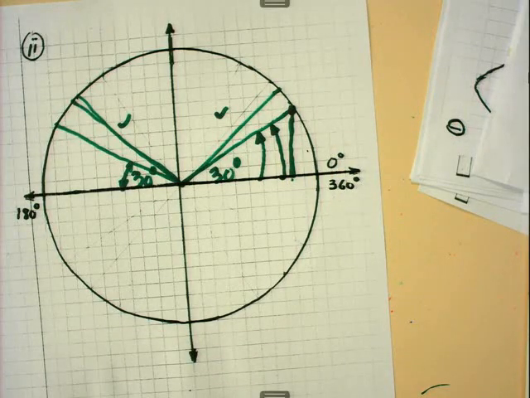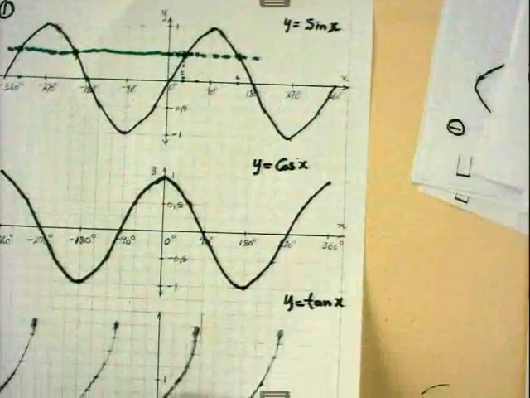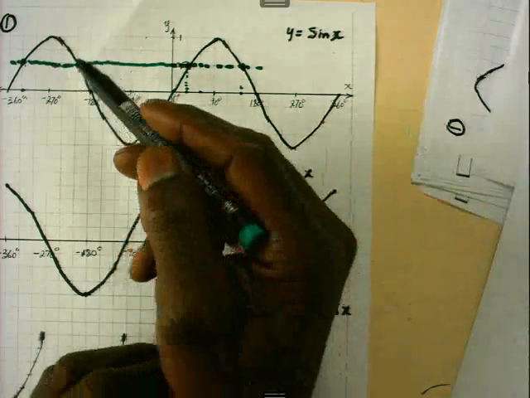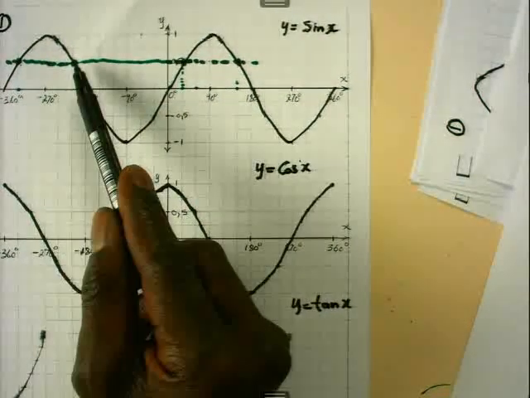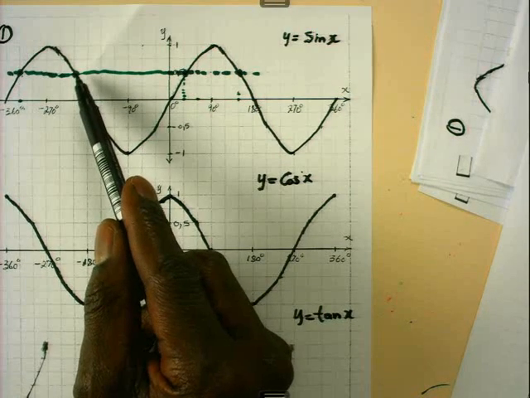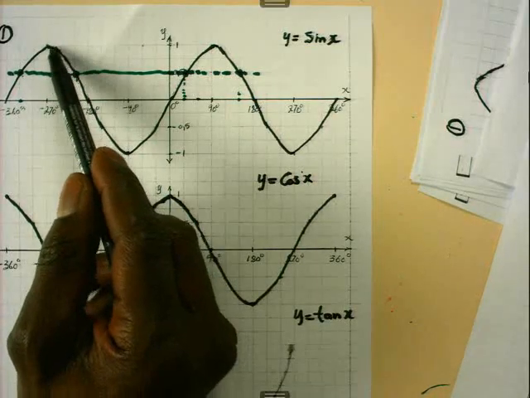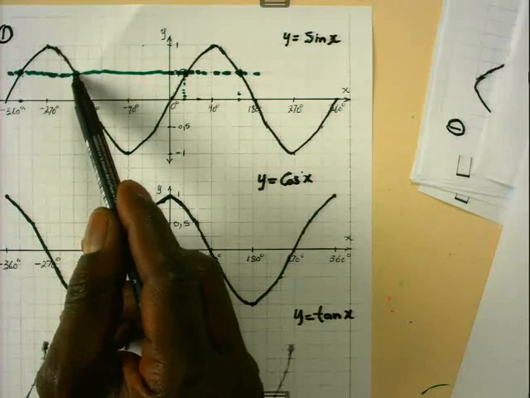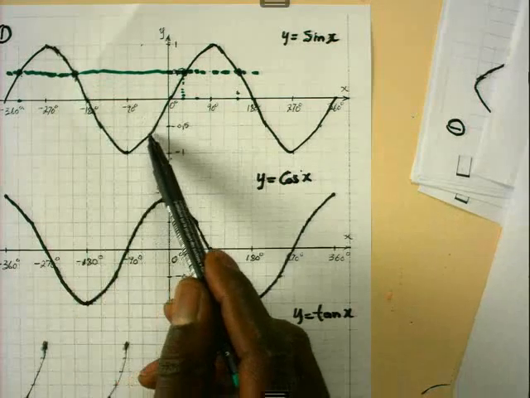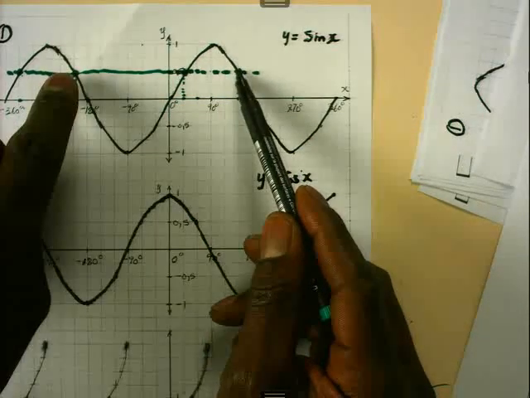Now, if we go back to our sine graph, have a look at your sine graph. Observe, I'm having the solution here as negative 210. Now, if I'm at the top here, I'm moving down. Now I come across the solution there. Now I move along with the curve. I want the position where I'm moving down, then I'm here.